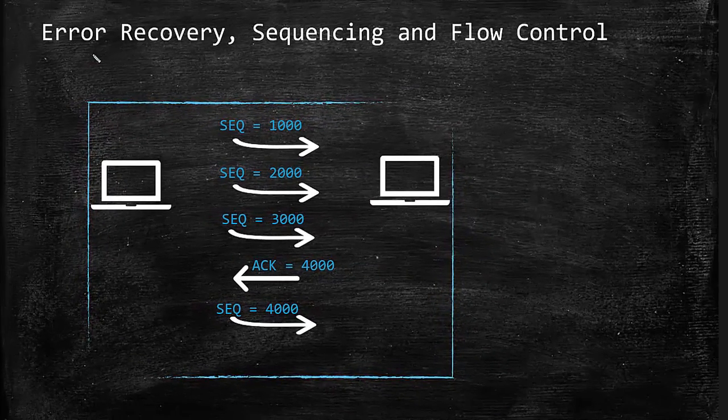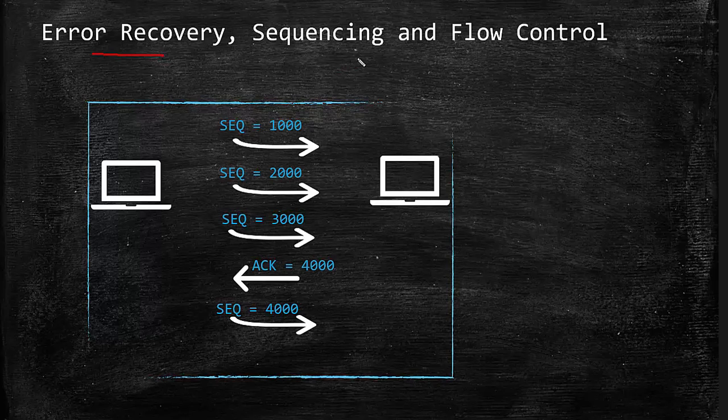The next three functions, which are error recovery, sequencing, and flow control, are kind of correlated, so I'll demonstrate them all together. In the connection establishment process, one of the items that two hosts agree on is a parameter called window size.